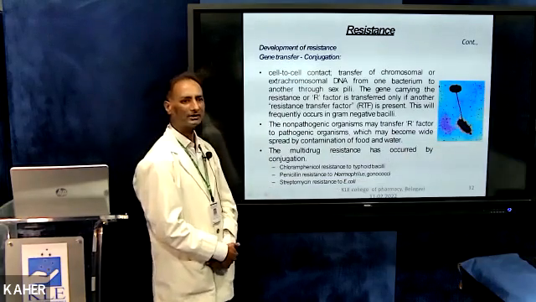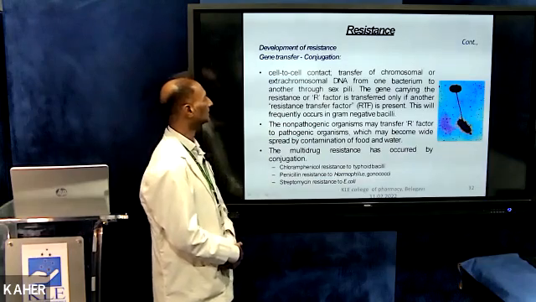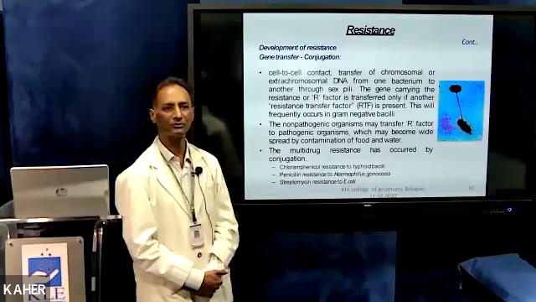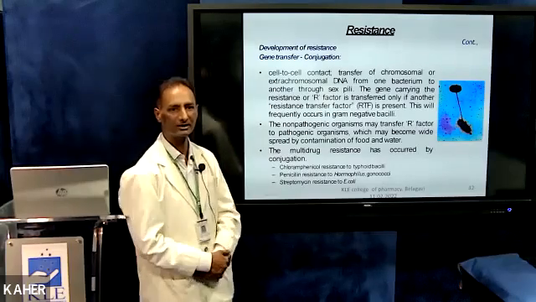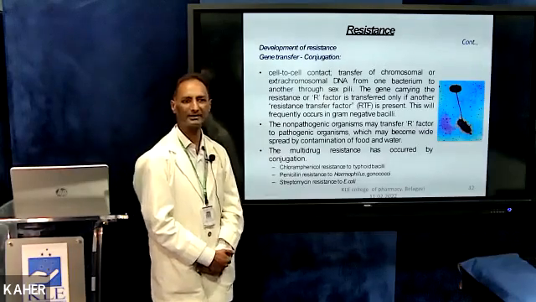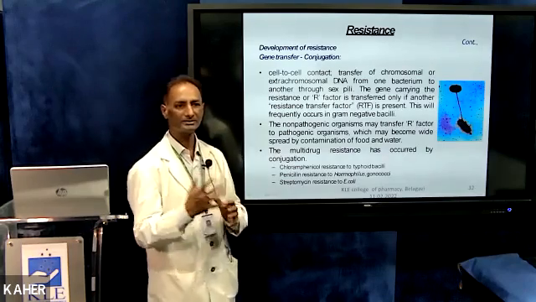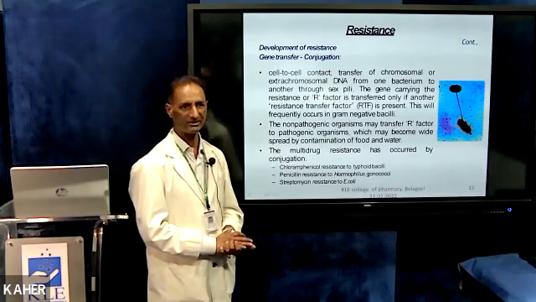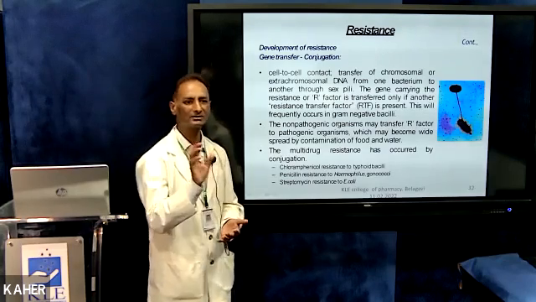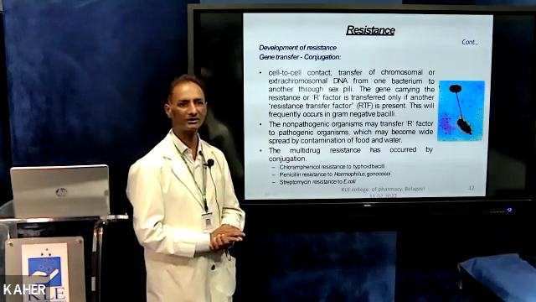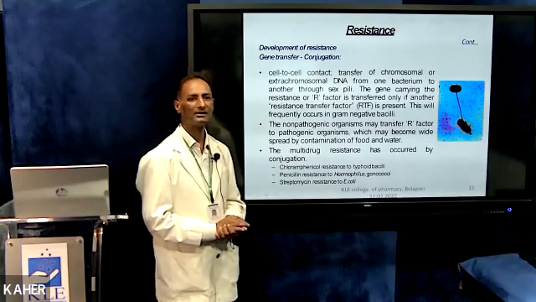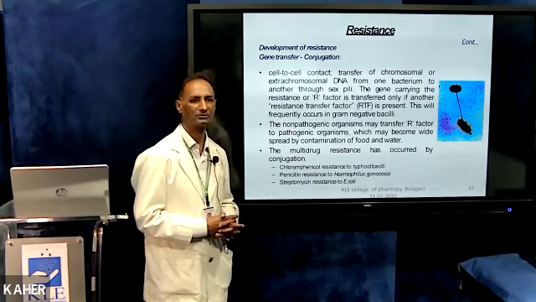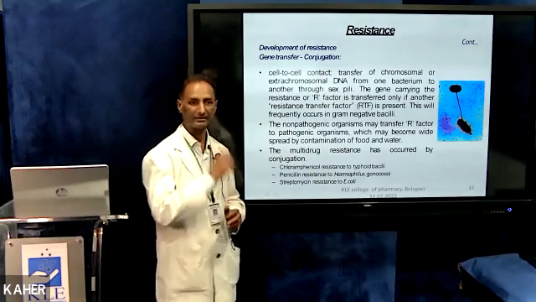So this is conjugation, where through cell-to-cell contact, chromosomal or extrachromosomal components are transferred from one bacterium to another through the sex pili, carrying genes that consist of the resistance factors or resistance transfer factors. One organism transfers to another.